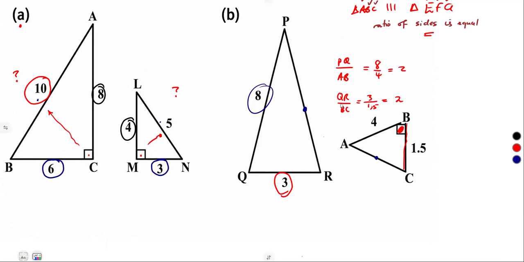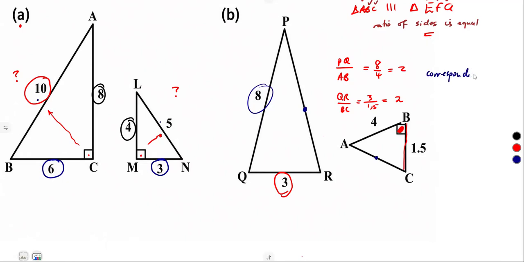That is the concept of similar figures as well. Therefore, these two triangles are similar. We are talking about corresponding sides being proportional, or the same ratio.